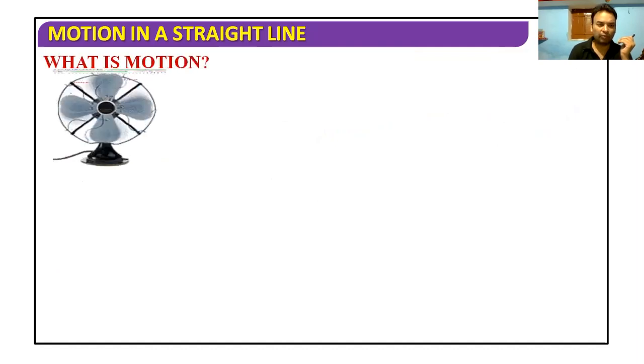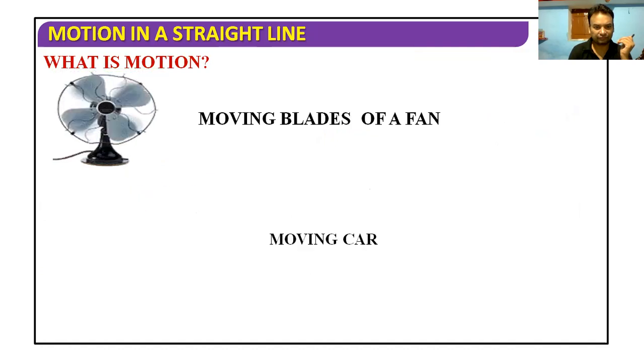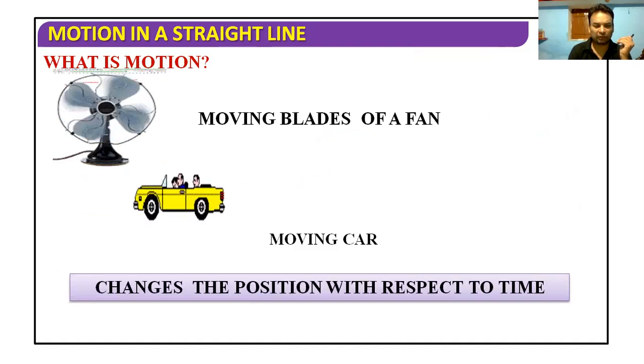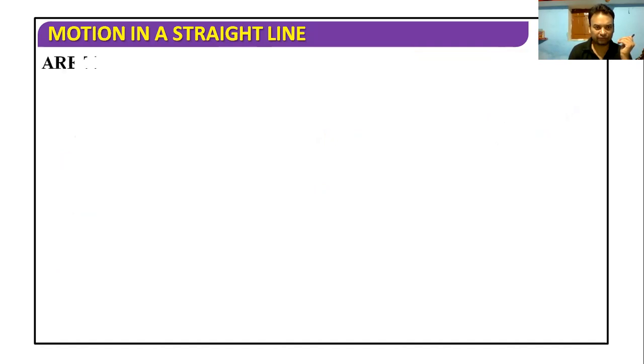A car moving, or anything moving, is an example of motion. We change position with respect to the surrounding, with respect to time. That is called motion.